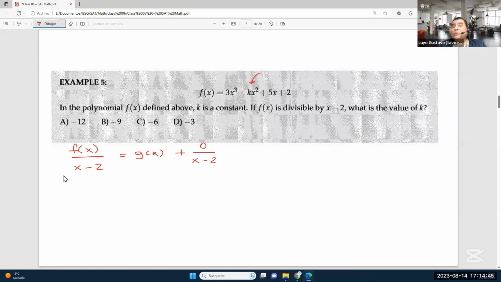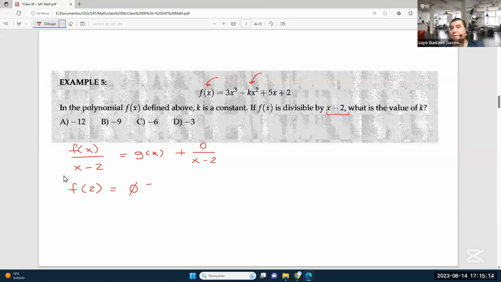So what should be true if we apply the remainder theorem? It should be true that if we substitute into polynomial f the value that makes this divisor 0, the value of x would be 2. So f of 2 should be 0, the value of the remainder.